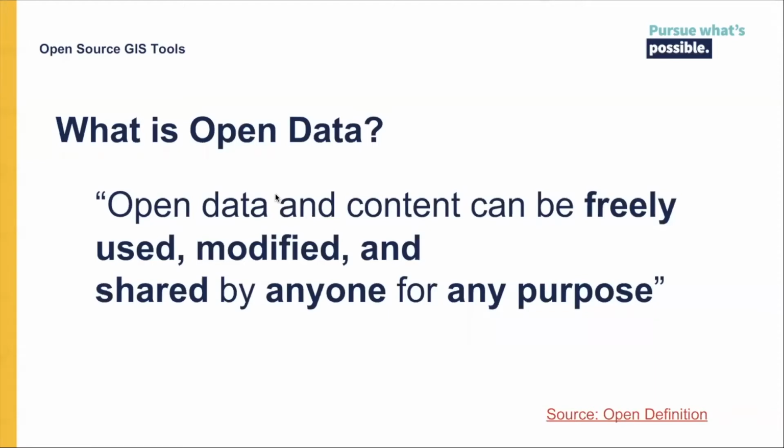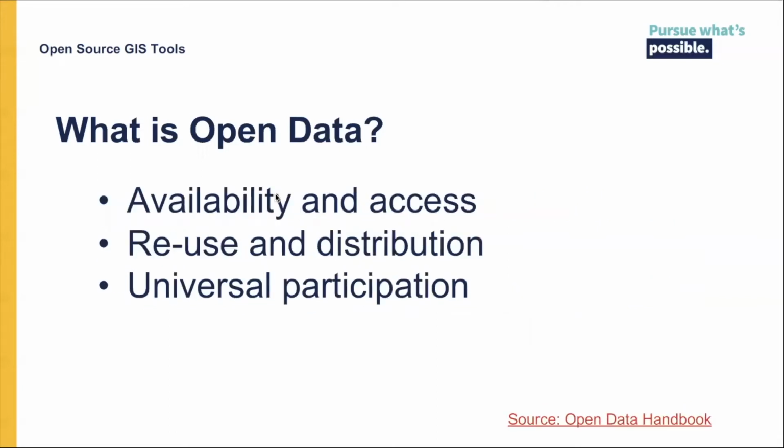So now we're going to talk about open data. Open data is also a word we use a lot, but what does it exactly mean? This essentially means you can freely get the data, you can freely change the data, and you can share it for any purpose at all. There are three elements of open data, which are availability and access, reuse and distribution, and universal participation.